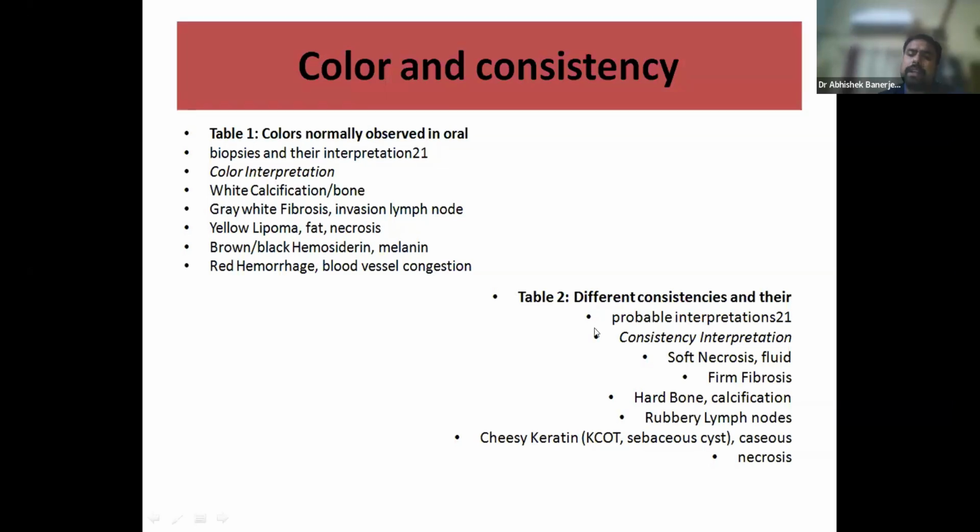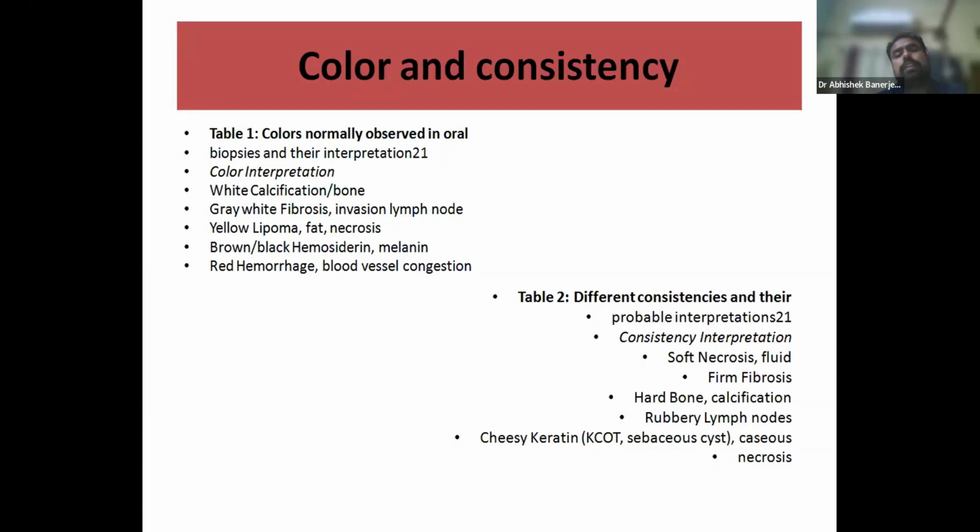The different consistencies and their interpretation: soft with necrosis and fluid, firm with fibrosis, hard with bone and calcification, rubbery with lymph nodes, cheesy keratin for specific odontogenic and cystic lesions, and caseating necrosis. So these are the different consistencies with which we can describe and communicate with the surgeon.